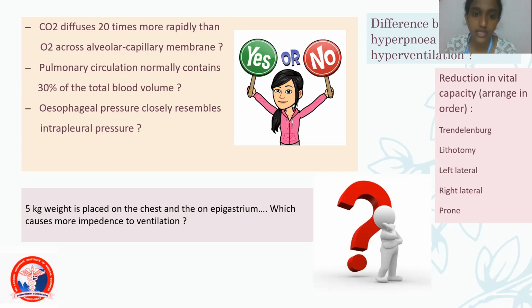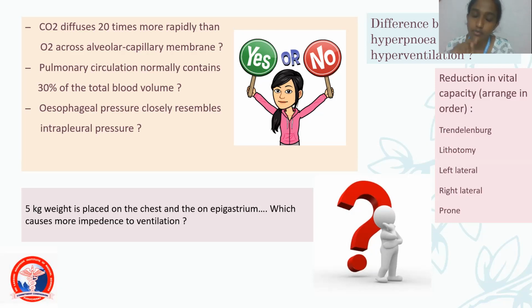I could see a few answers here saying a 5 kg weight on the chest will be more impeding. You could also see a few answers on the epigastrium. Okay, so let me tell the answer. You will all think that a 5 kg weight placed on the chest will be more impeding, but actually a 5 kg weight placed on the epigastrium will be more impeding to the patient, because the diaphragm is the most important muscle involved in the respiratory process.